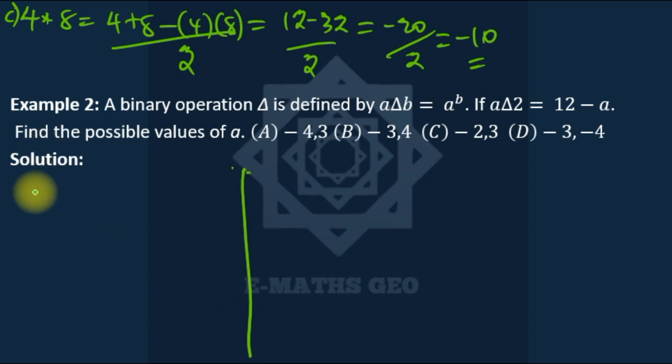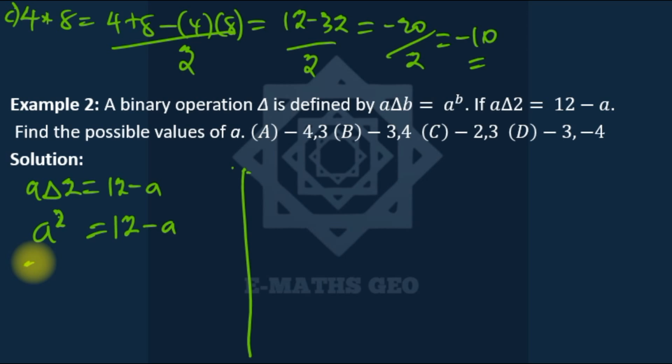So they told us that a triangle 2 is 12 minus a. But from our definition, a triangle b is a raised to power b. So I have a raised to power 2, because my a is a, but my b is 2, equals 12 minus a.